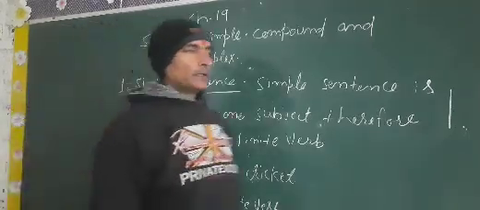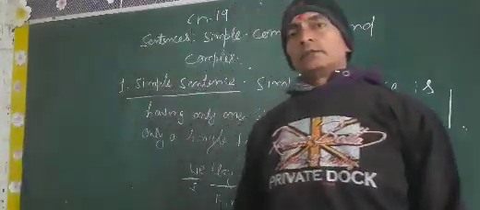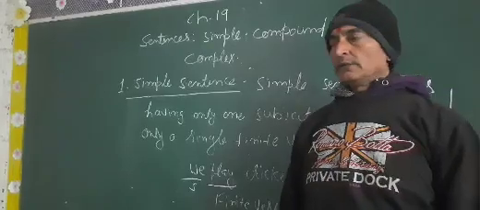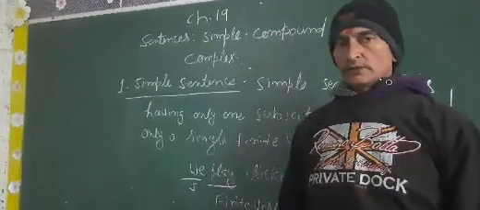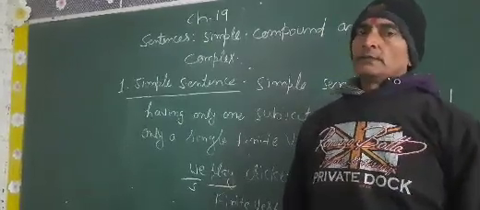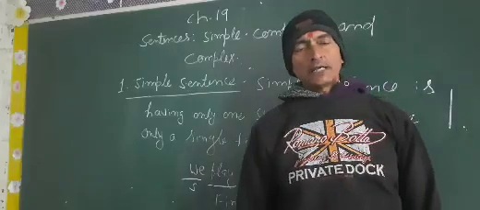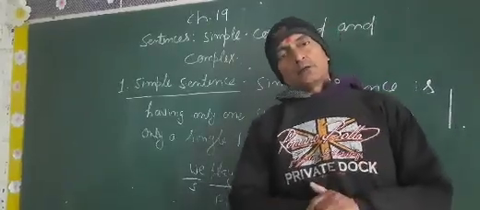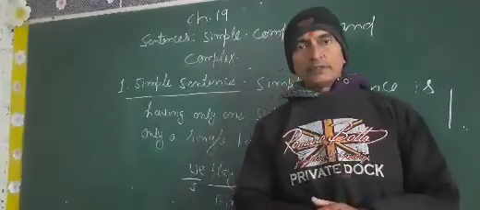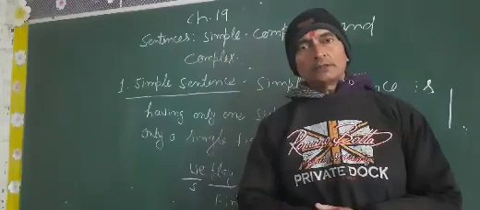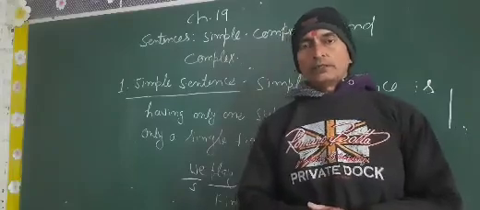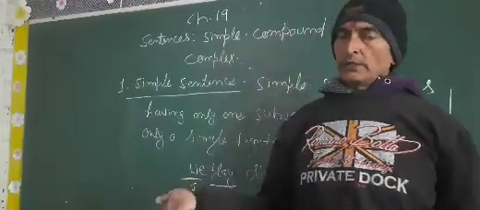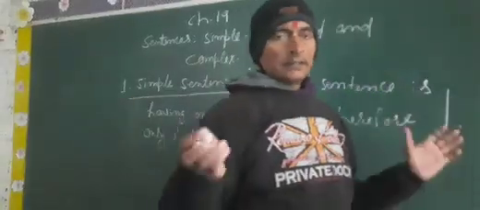So simple sentence means it is not compound sentence, it is not complex sentence. These sentences are having only one subject and one finite verb. So it is very easy to identify simple sentence. My dear student, there is no clause in it, only one simple sentence.